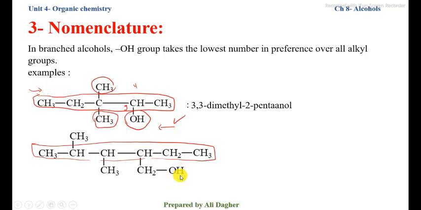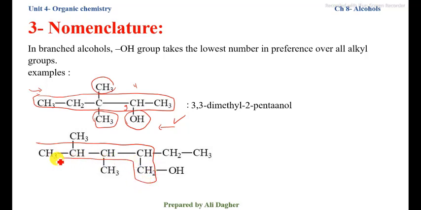Then this could not be considered as the main chain, since the main chain should hold the hydroxyl group. Then the main chain is formed of 1, 2, 3, 4, 5. This main chain is the longest carbon chain that holds the hydroxyl group.